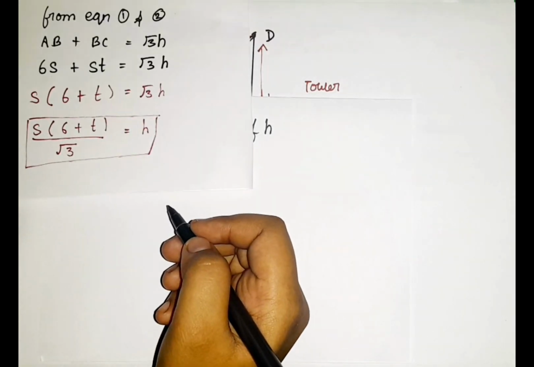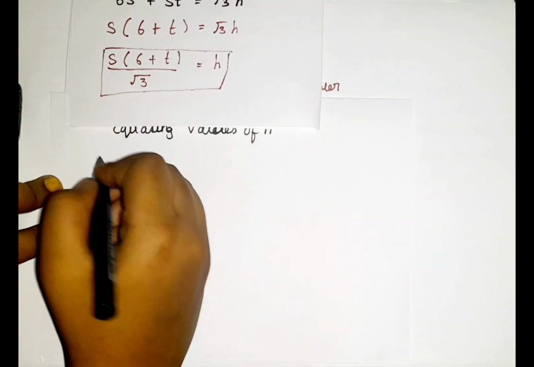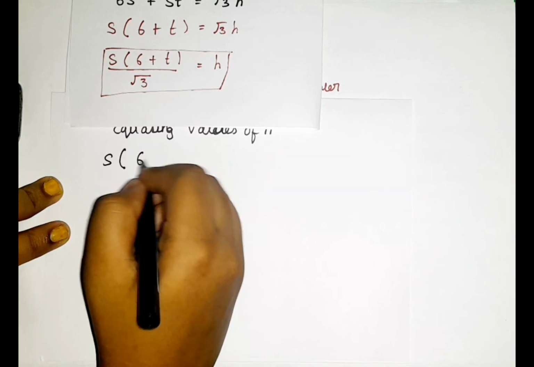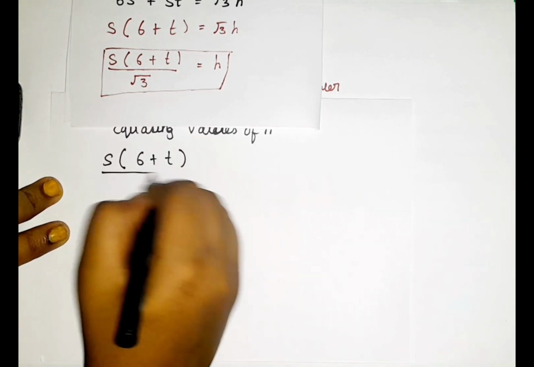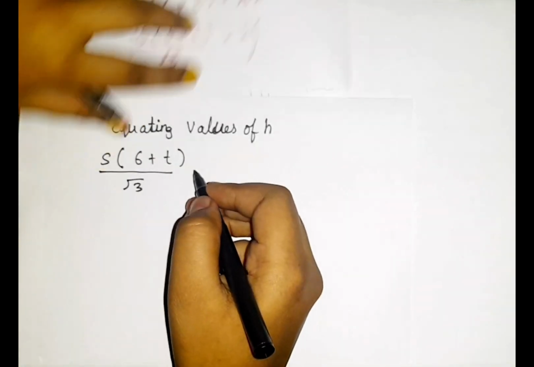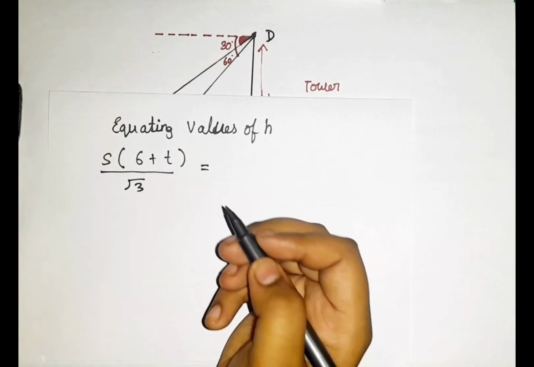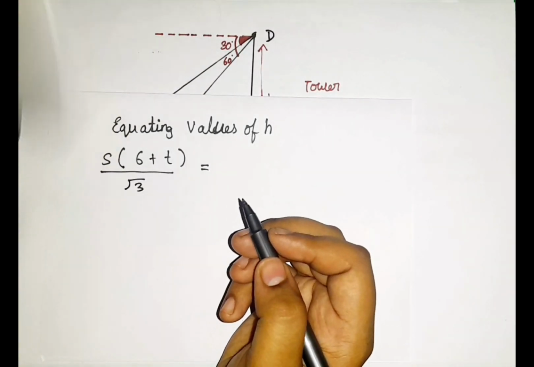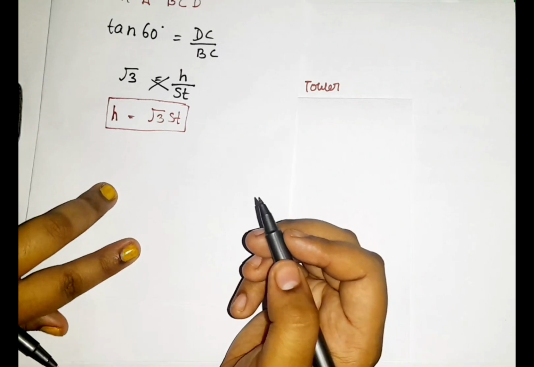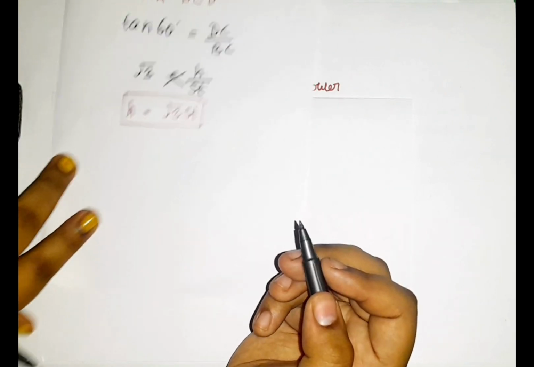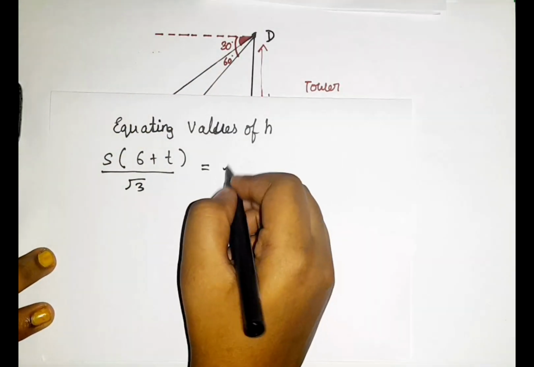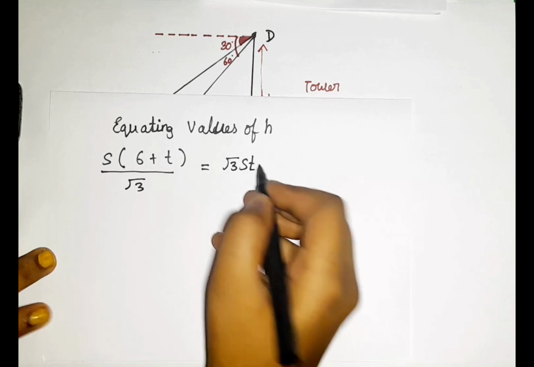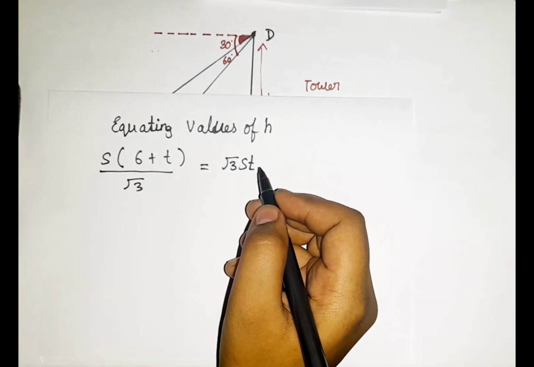First we got this value, that is s(6 + t) divided by root 3, and equating them means equaling them, so it is equal to the other h value, which we got as root 3 s into t. Perfect.